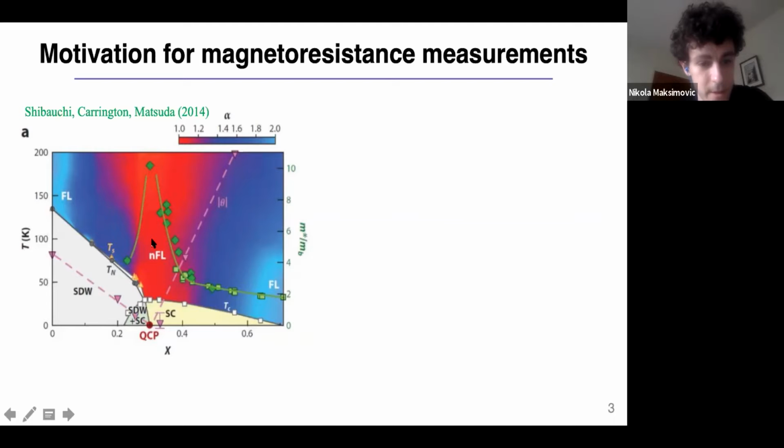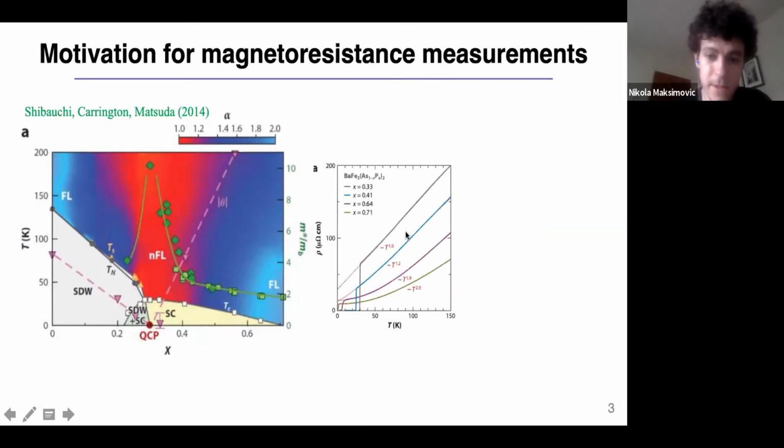In particular, as you dope the system away from the antiferromagnetic phase boundary, there's a qualitative change in the temperature-dependent resistivity. This is maybe more clearly seen in resistance versus temperature traces, where you can see a change from T-linear dependence of resistivity to more T-squared as we dope away from antiferromagnetism.